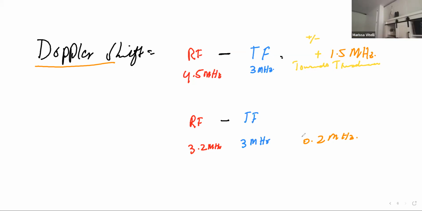Yes. Good. Okay. Anybody, tell me whether this is going to be a positive Doppler shift or negative Doppler shift. Positive. Positive.